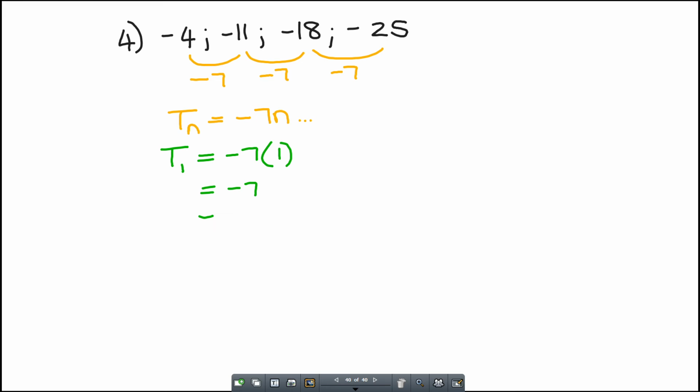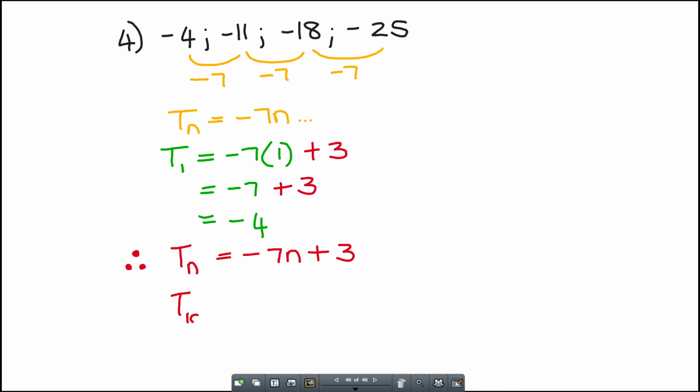But I'm supposed to get minus 4. So what did I have to do? Plus 3. Okay, so the nth term or the general term would then be term n is minus 7n plus 3. Then we also had to get term 10.